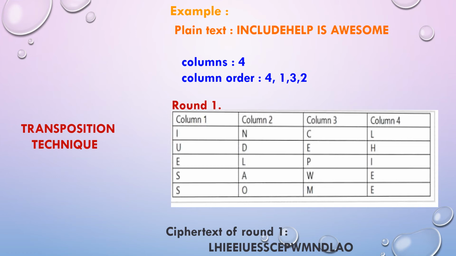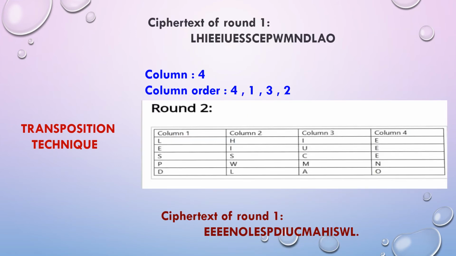So the ciphertext contains the letters LHIEE, IUESS, CEPWM, NDLAO.